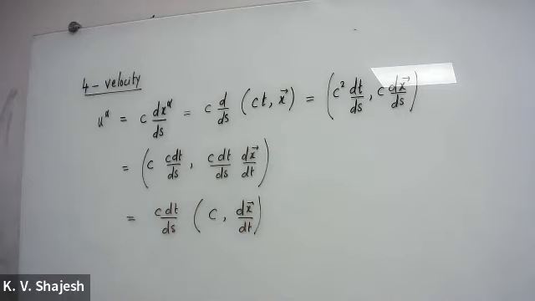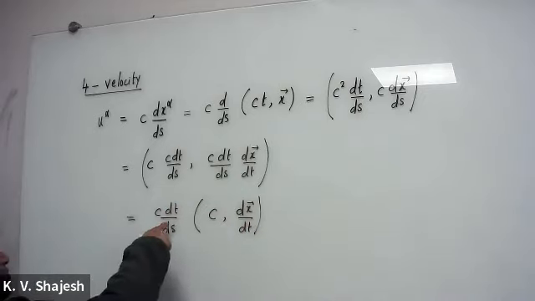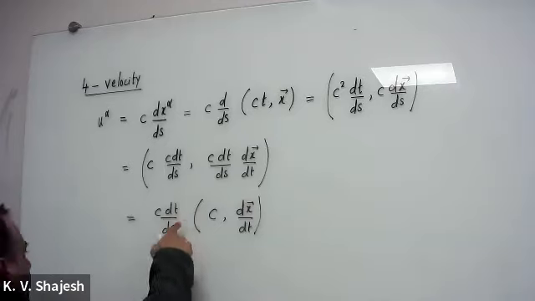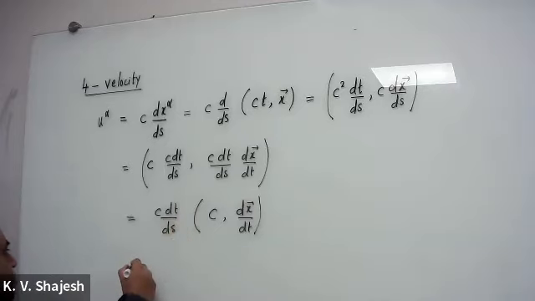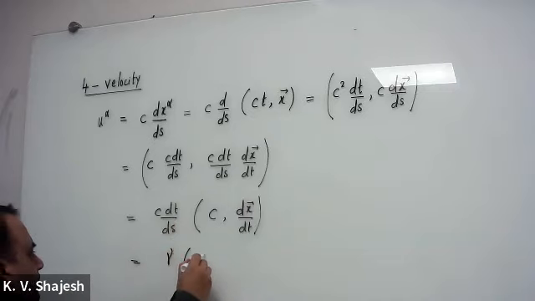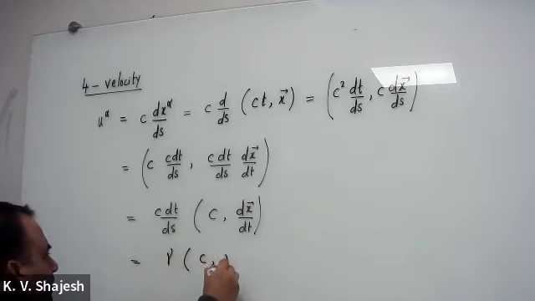Basically manipulations. The idea is to convert all the time references to time in terms of proper time. But now we have something more. This is nothing but gamma, and this is velocity.